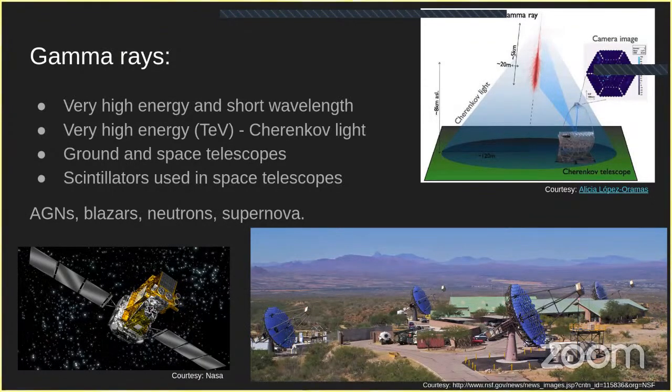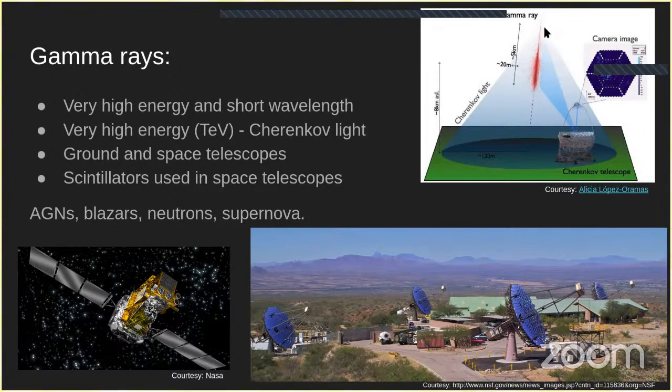They'll just pass through. So you cannot use a normal telescope to observe something like gamma rays. So there are two different mechanisms that are used. One is used for ground-based observations, and another is for space telescopes. The ground-based observations use something known as Cherenkov shower or Cherenkov light.